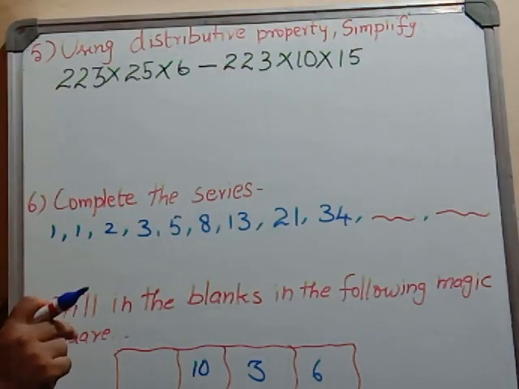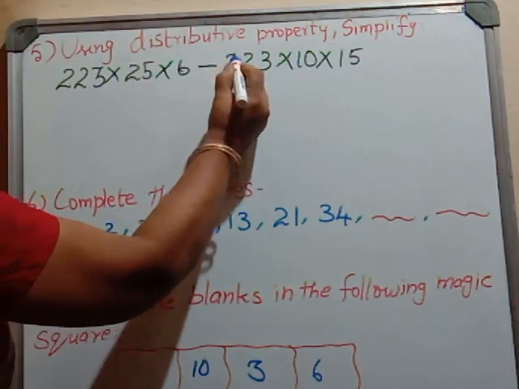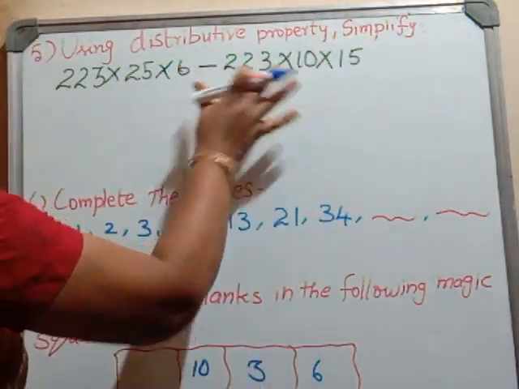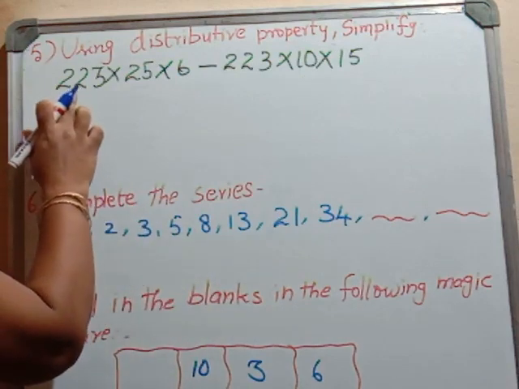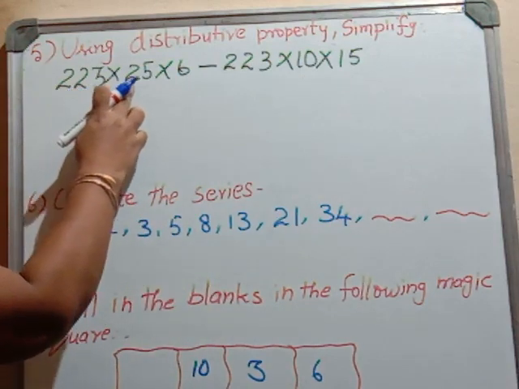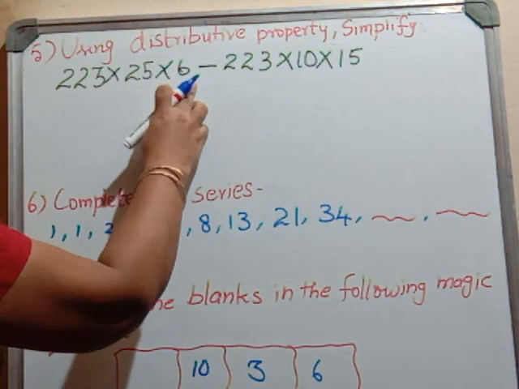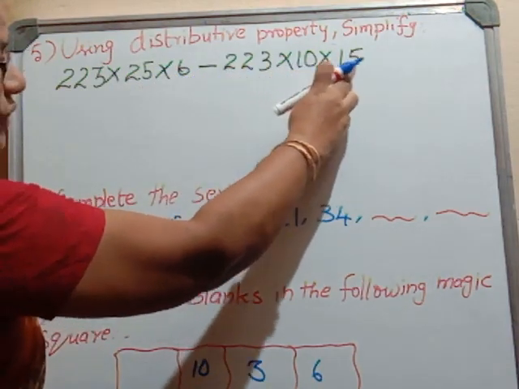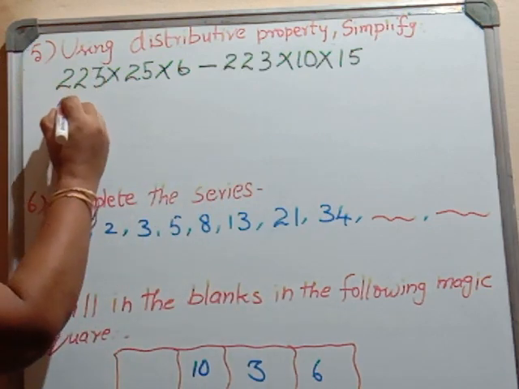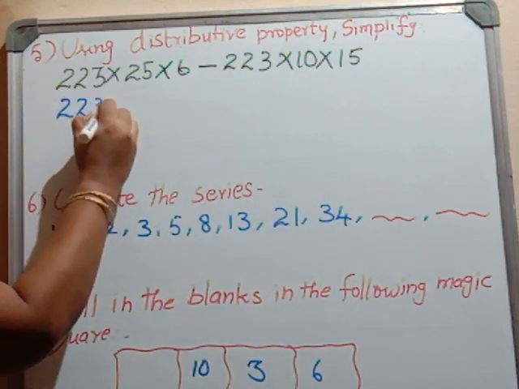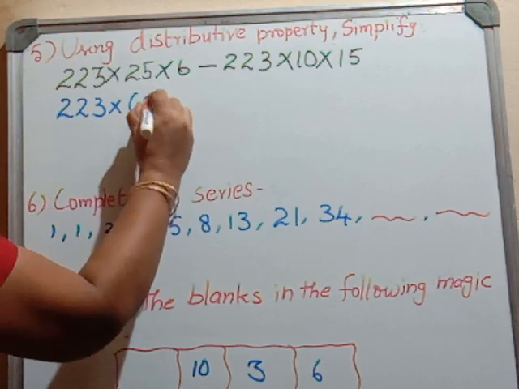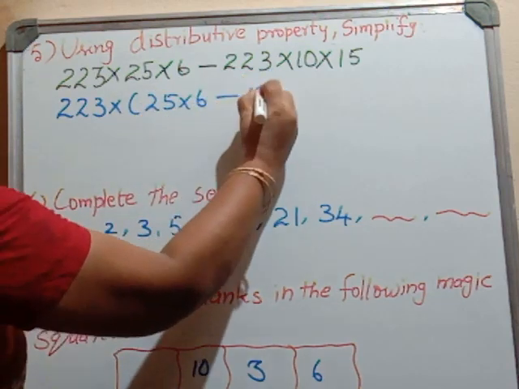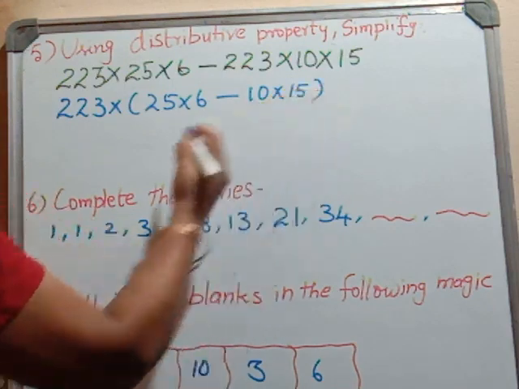Now we are going to solve the fifth sum using distributive property. In the property, you have to simplify the number. 223 into 25 into 6 minus 223 into 10 into 15. Which number we are going to multiply? 223 into how many times? 25 into 6 times minus 10 into 15 times.